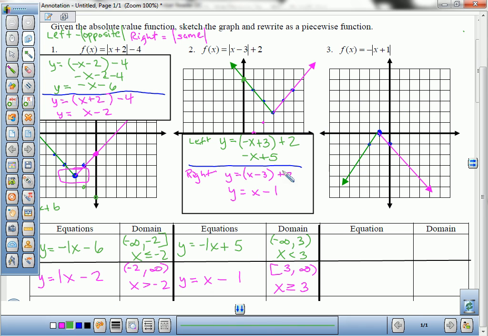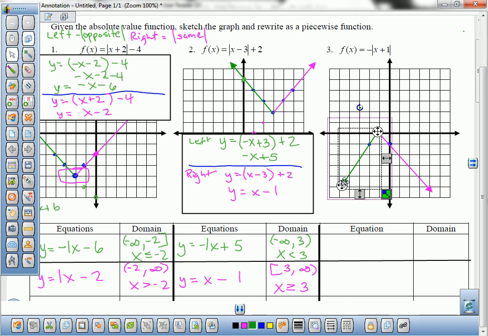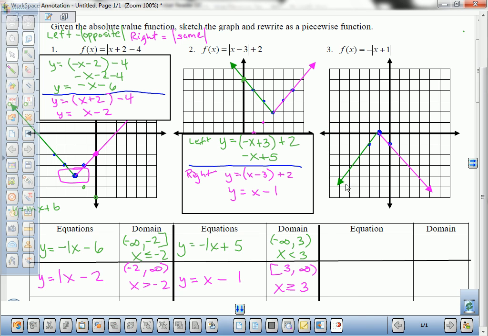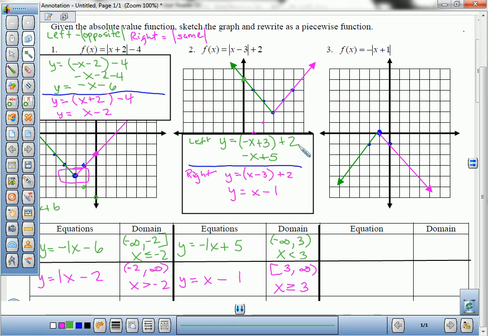So let's do the left side. The slope is hard to tell because I don't think I quite drew that right. There we go. It should be up 1 over 1, like this. Mine got off a good bit. So the left side is actually a positive x.